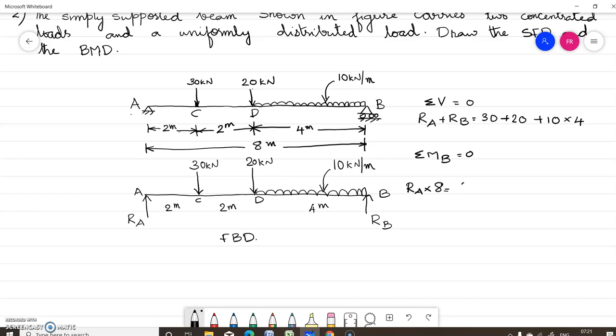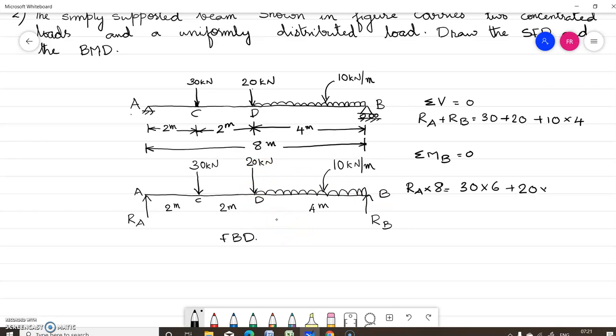is equal to 30 into, what is the moment of this 30 kN about B? 30 is trying to rotate this member CB in the anticlockwise direction about B. 30 into 6 plus this 20 kN is trying to rotate the member DB about B in the anticlockwise direction.